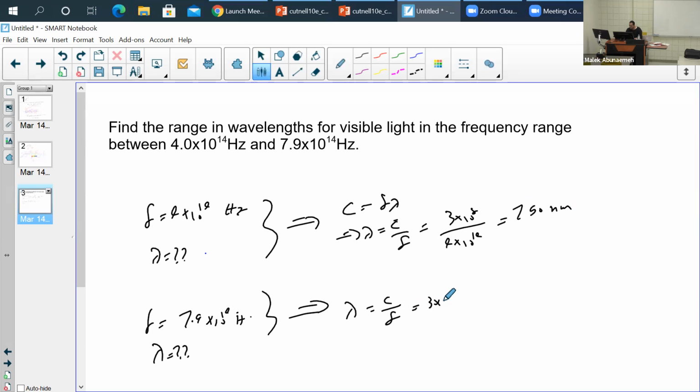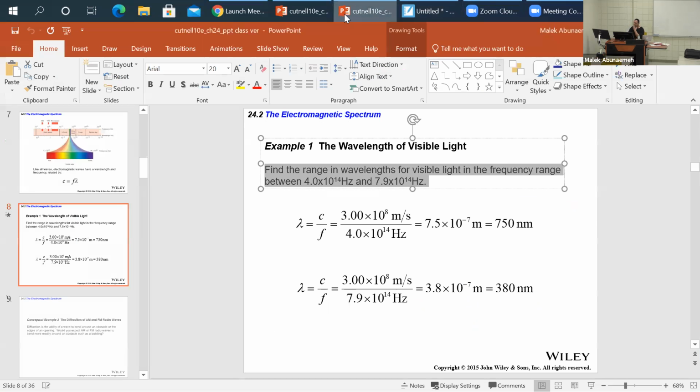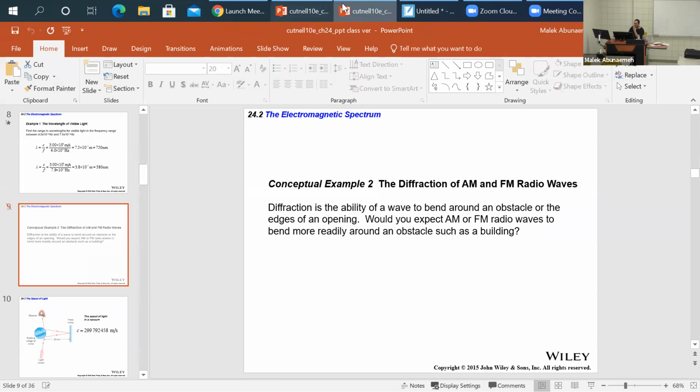And for this one, divided by 7.9 times 10 to the 14, you should get 380 nanometers, and that's exactly what we had. Perfect.